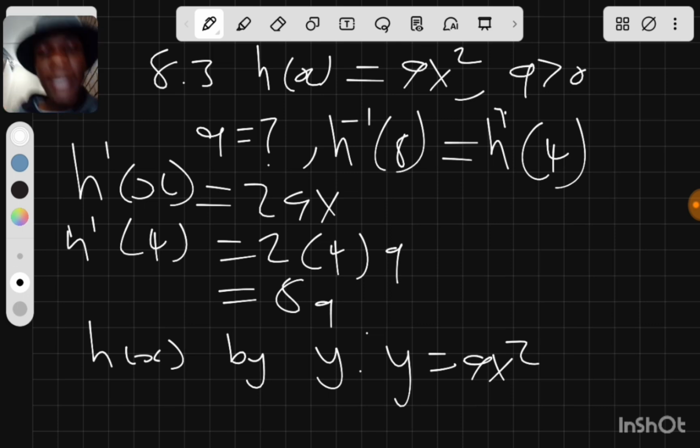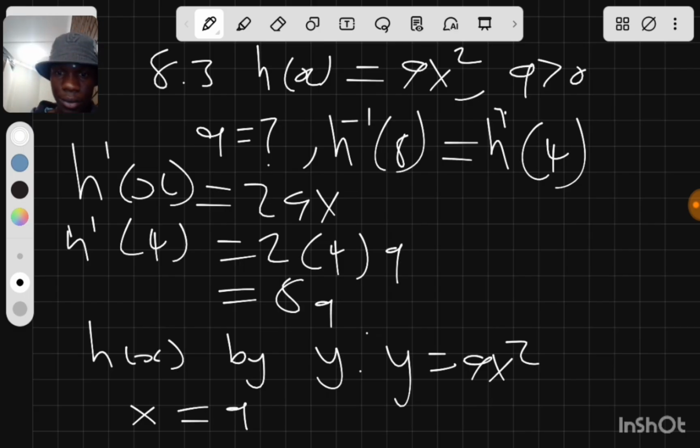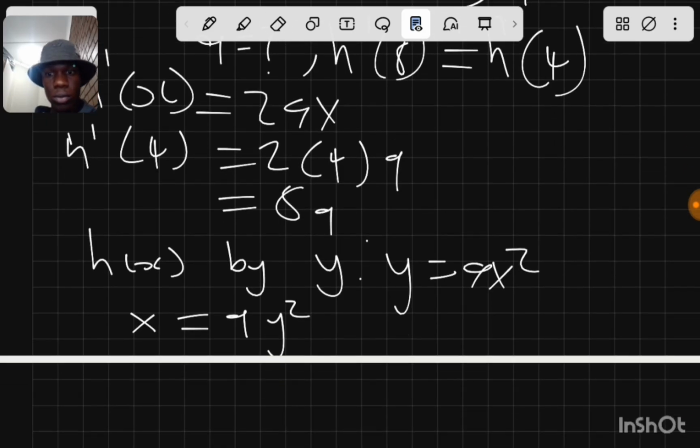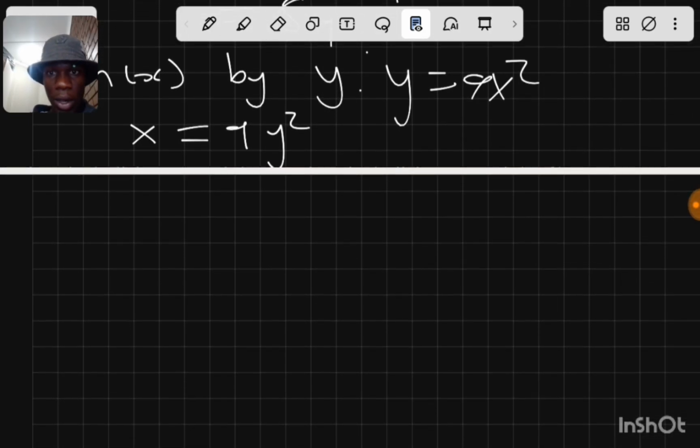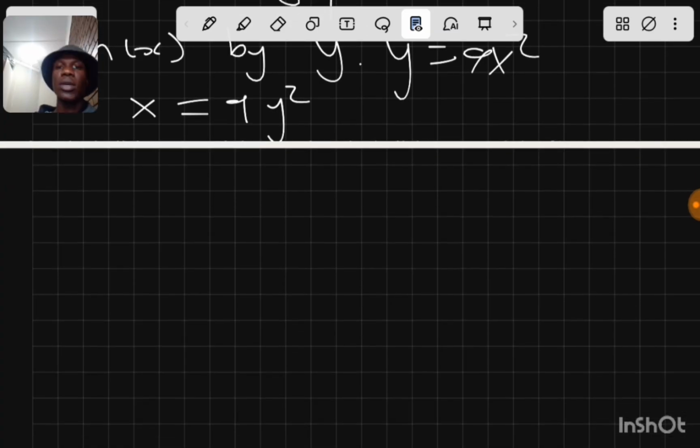So we are swapping x and y: x is equal to ay squared.